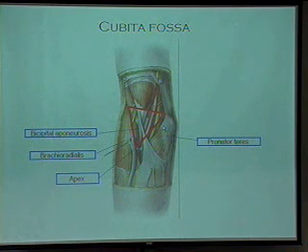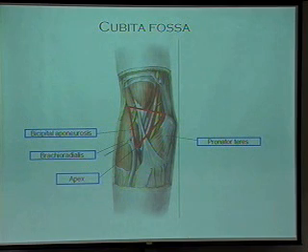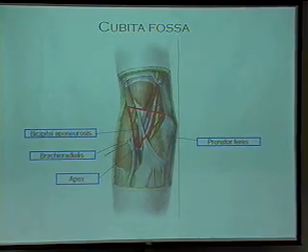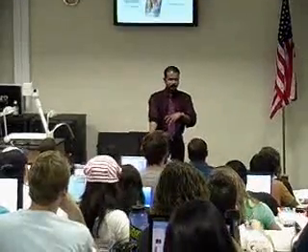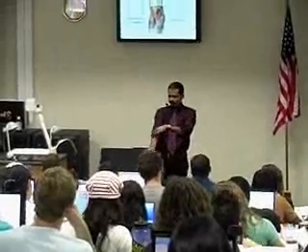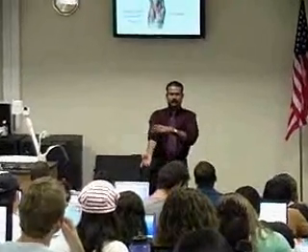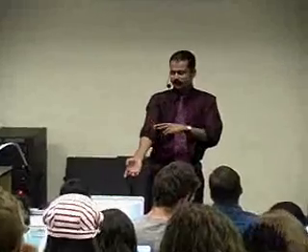So the cubital fossa is a triangular depression bounded by brachioradialis laterally, pronator teres medially, and an imaginary line. If you draw a line here connecting the two epicondyles, that forms a triangle. Again, the boundaries: laterally brachioradialis, medially pronator teres, and superiorly the imaginary line.